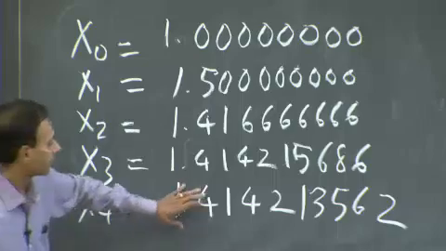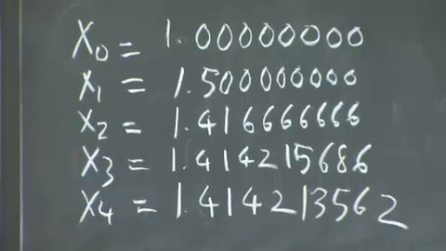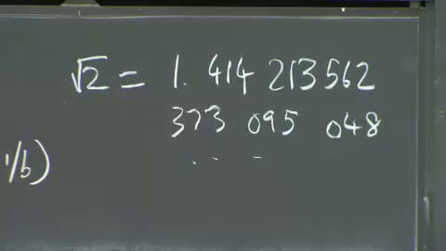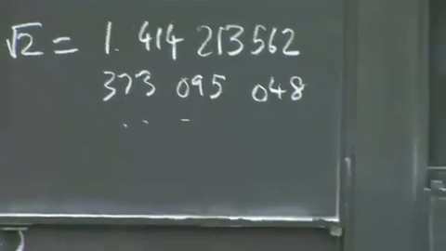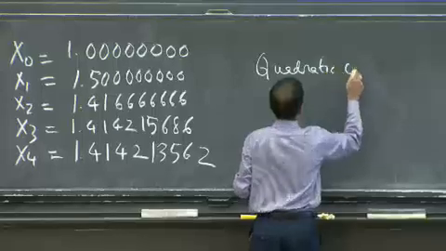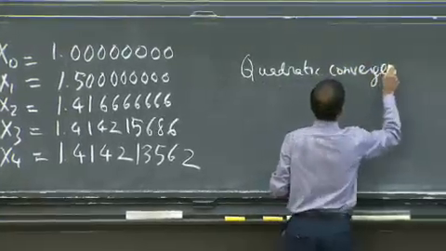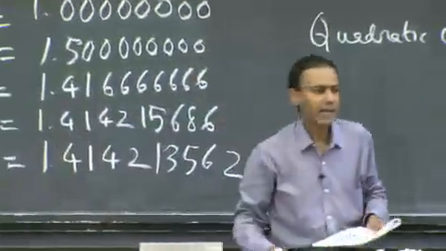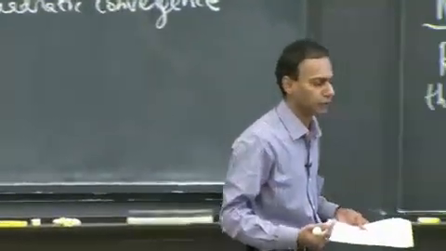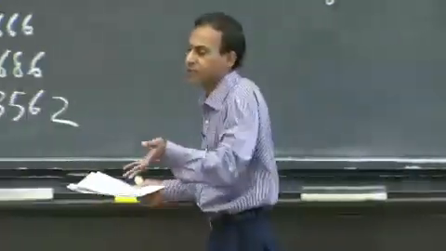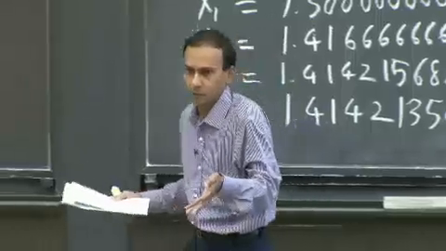And what's nice about this, if you compare it with what you have up there, is that you have quadratic convergence using Newton's method. Okay, and what do I mean by that? Well, quadratic convergence is a nice property. It's much better than linear convergence. Linear convergence would mean that you get an extra digit of precision for every iteration. So in this case, actually, quadratic is better.